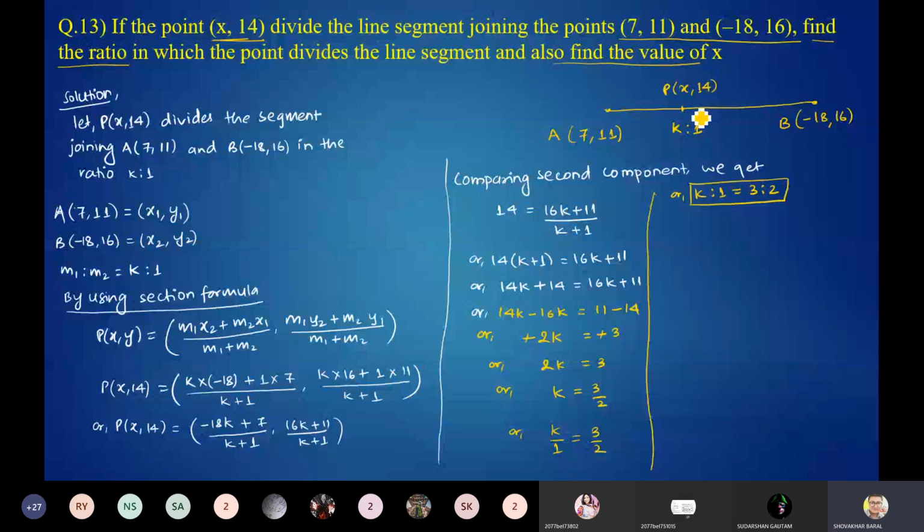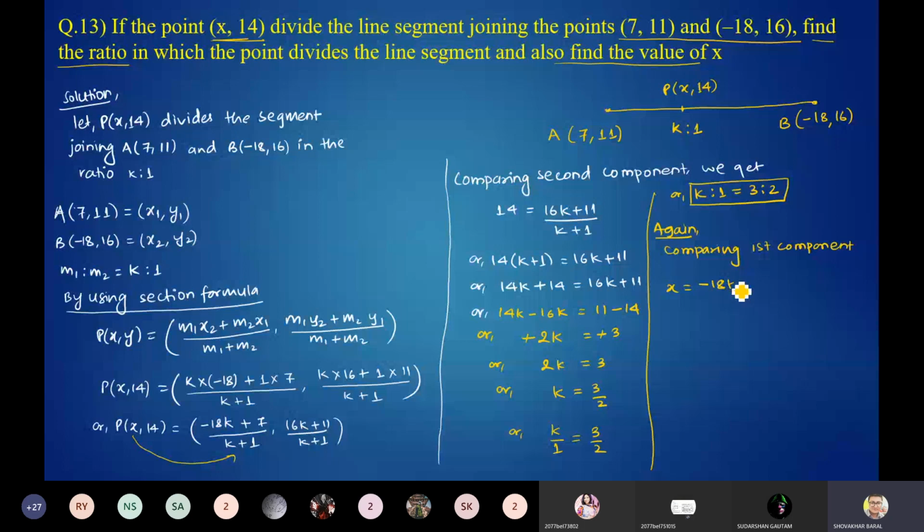Now we need to find the value of x also. To find the value of x, the first component has x. So replace the value of k here, comparing the first component again. x equals (-18k + 7) divided by (k + 1).